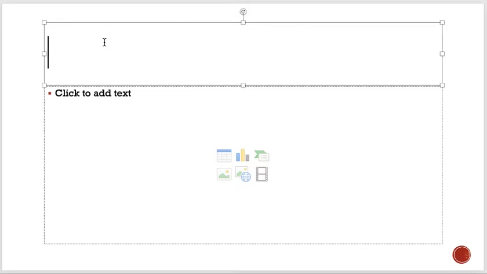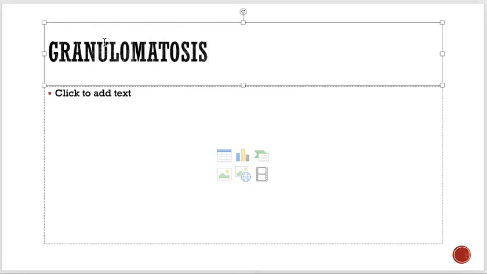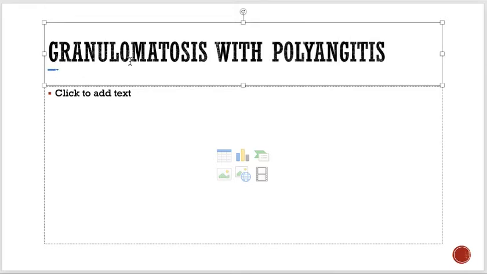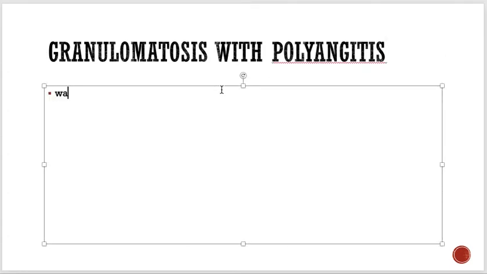Okay, the small vessel vasculitis, which was previously known as Wegener's, or nowadays it is called granulomatosis with polyangiitis. Okay, so simply there is granuloma formation, there is polyangiitis, and I told you previously it is called Wegener's granulomatosis.